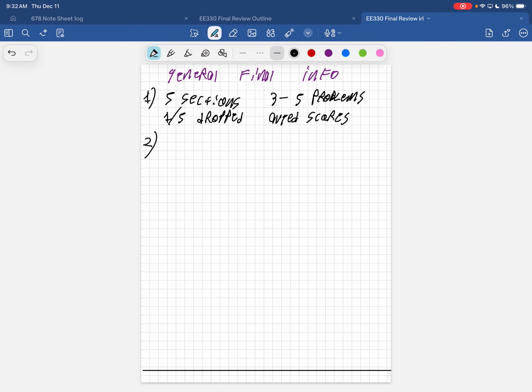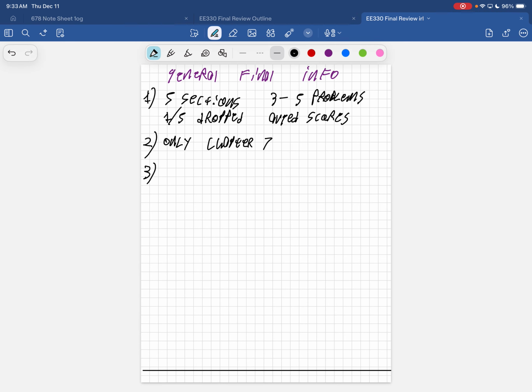Then, number 2, it's only going to be from chapter 7. So that means basically what you saw in your project and what you're going to be seeing in your homework 7. So that also means no op amps, so only BJTs and MOSFETs.